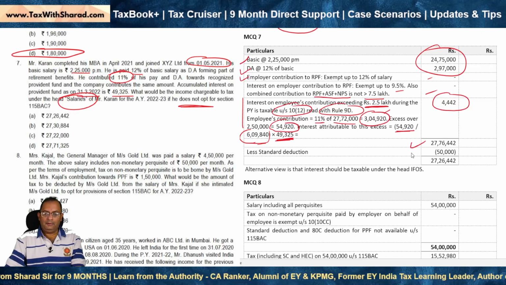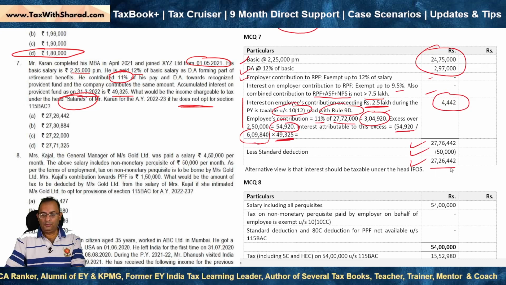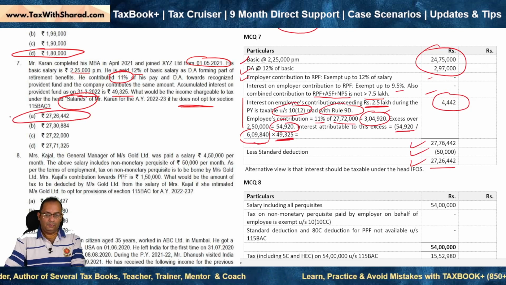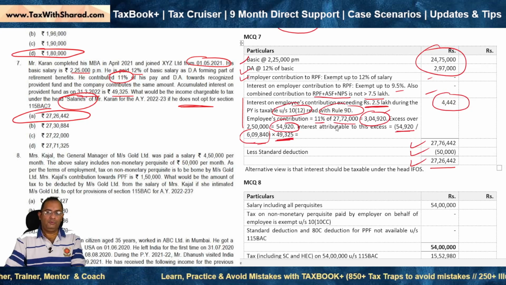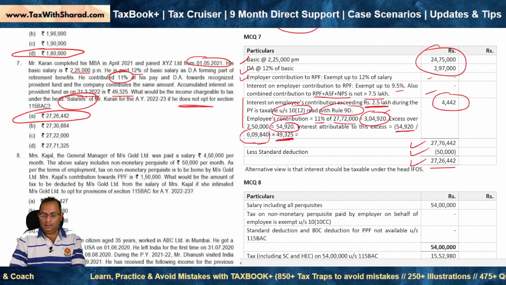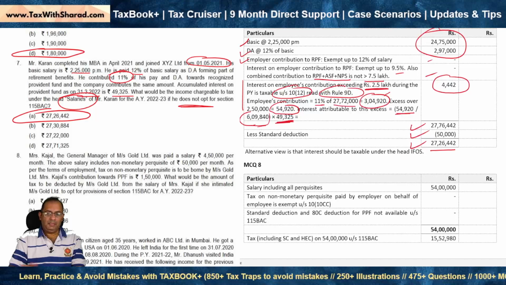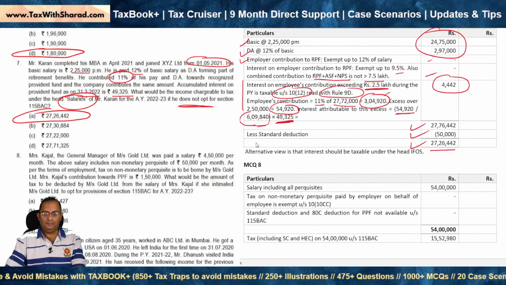We get the gross salary income and then standard deduction, and then this becomes the taxable income under the head salaries: 2726,442. 2726,442 is the answer. Now here two views are possible. One view, which has been considered by ICAI in solving this question, is that interest on employees' contribution will also get included in the taxable salary income.